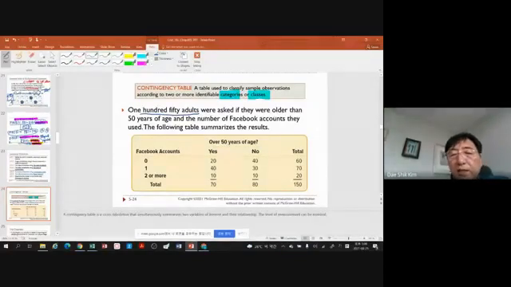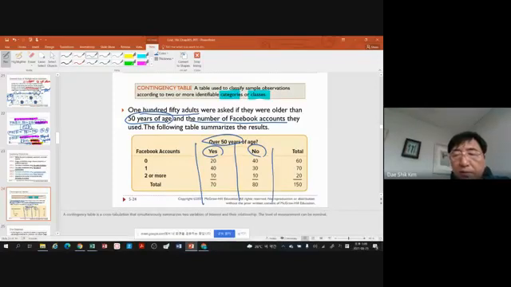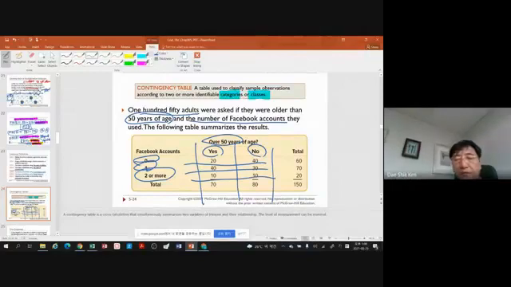We surveyed if they are older than 50 years old, yes or no. Two categories. And the number of Facebook accounts is none, one, or two or more. Then we have a 2 by 3 matrix format. It is a kind of contingency table.